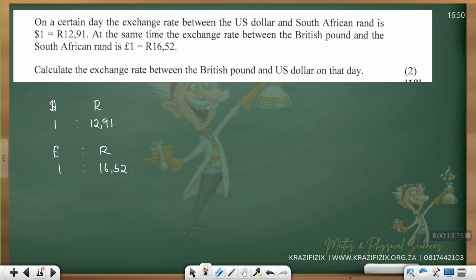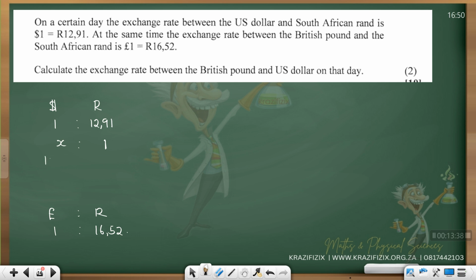That's a long way, and there is a short way. I'll do both ways for you. You know what we can do? I want to show you something. It is to find the value of 1 rand. I want you to understand what conversion is. What is 1 rand? X there.